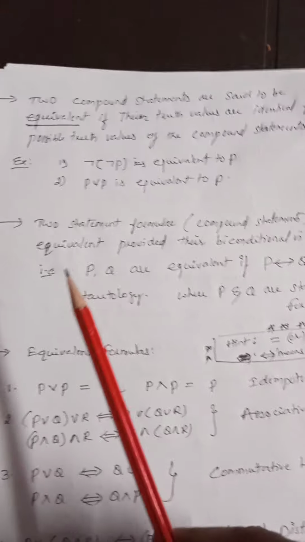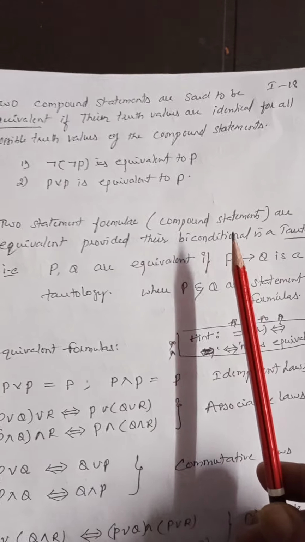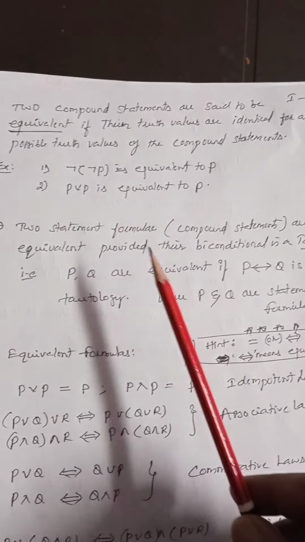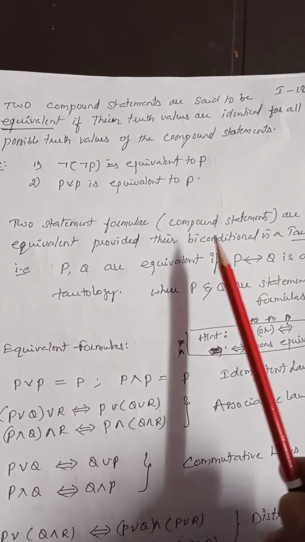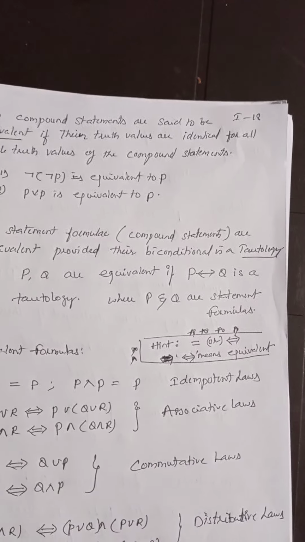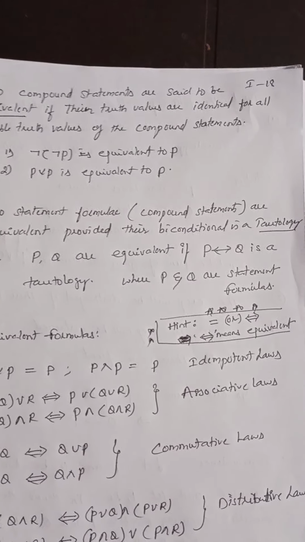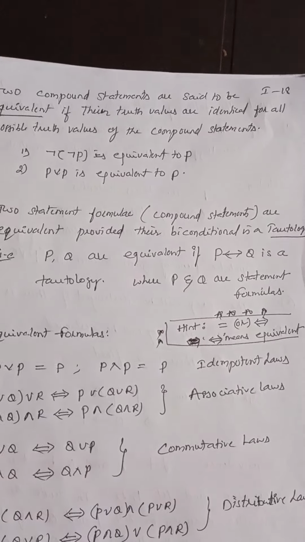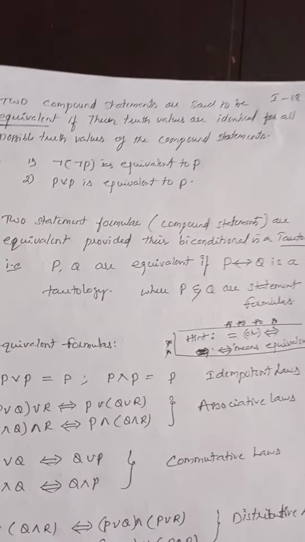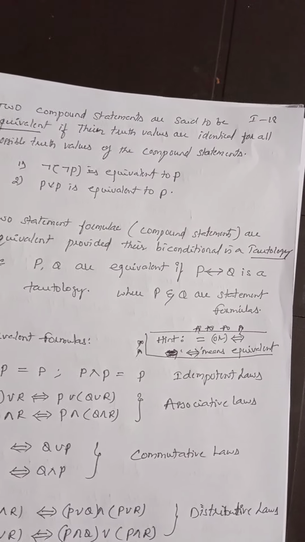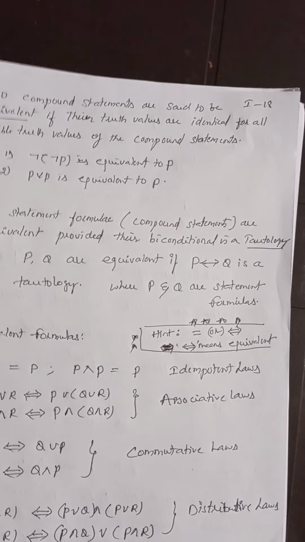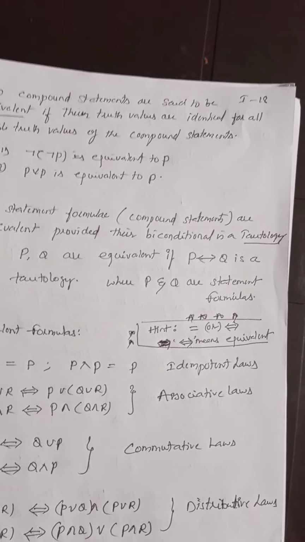Now, two statement formulae, or you can say compound statements, are equivalent provided their biconditional is a tautology. It's a point you have to remember. That means P and Q are equivalent. P is one propositional function, or you can say compound statement. Q is another compound statement.